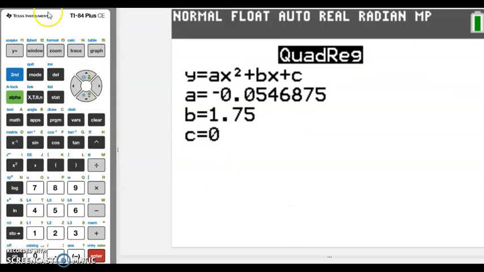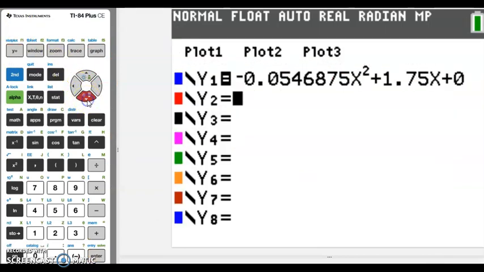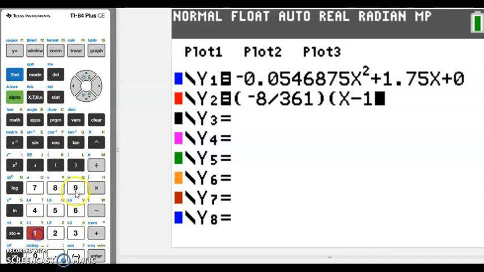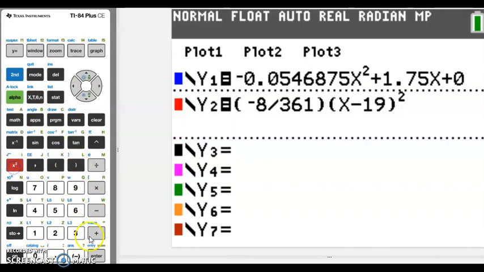And you can put that equation in your y2, and I'll put that in. So bracket negative 8 divided by 361, close my bracket, x, oh sorry, open my bracket again, x minus 19, close your bracket, squared, plus 8, there we go.